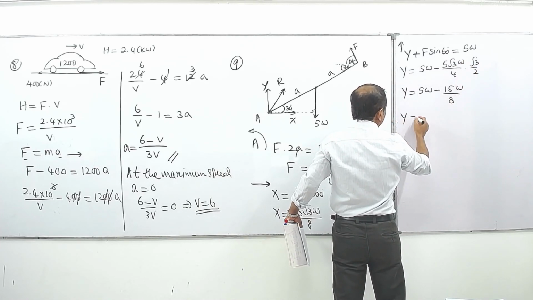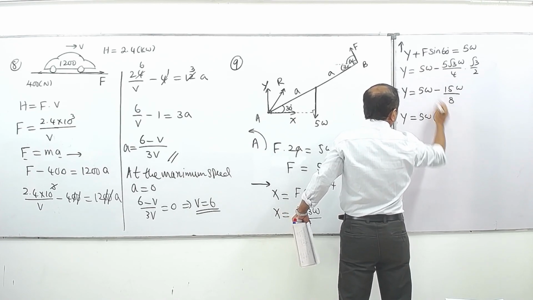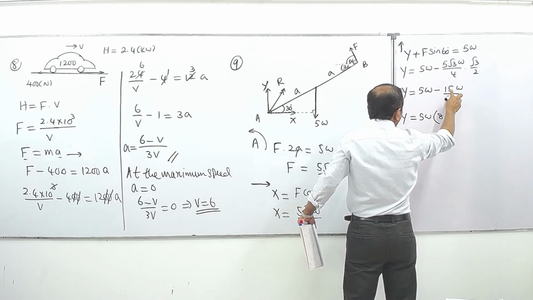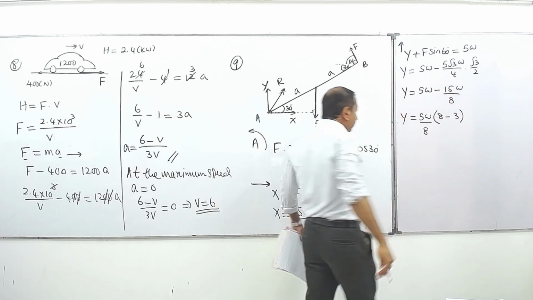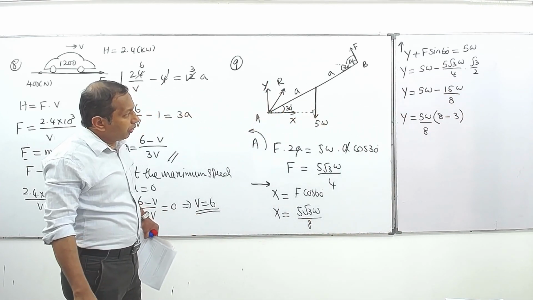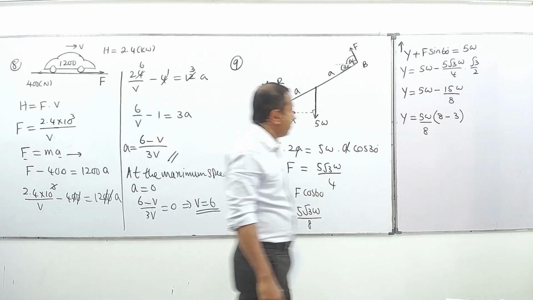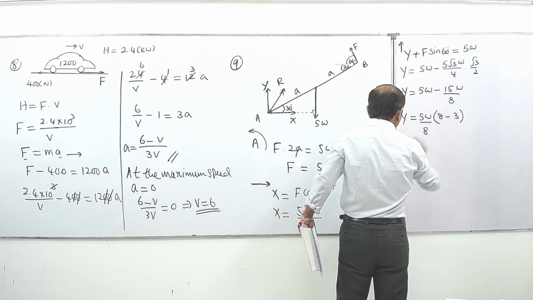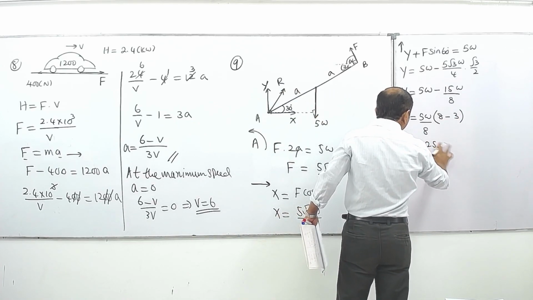Right, now we can write here, take this 5W out. When you take 5W out, here we get another 3, here 8. Correct, no? 5W when you take out, there we get 8 minus 3. Then we get 5, Y is 25W over 8.